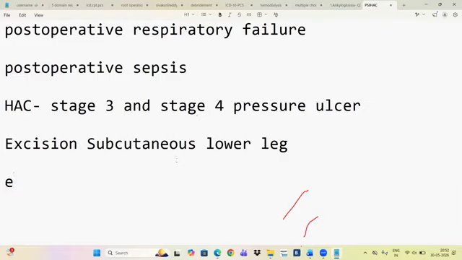Under excision, esophagus. Then EGD, via natural or artificial opening endoscopy.